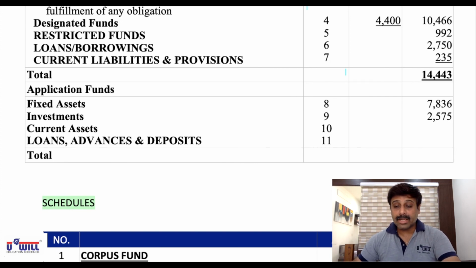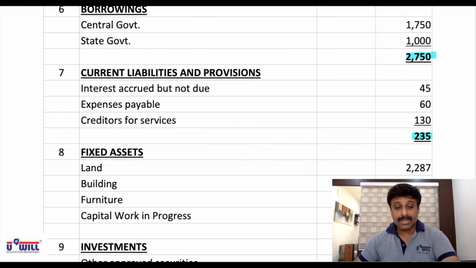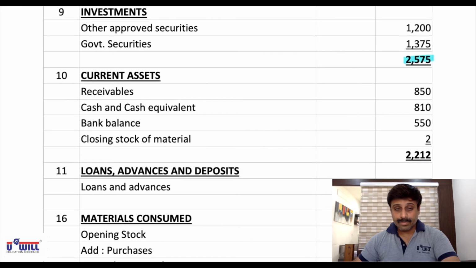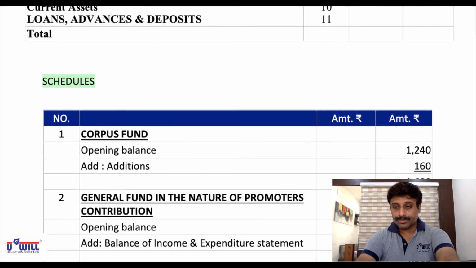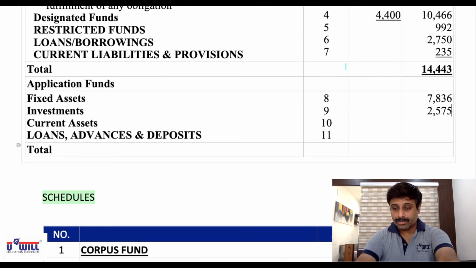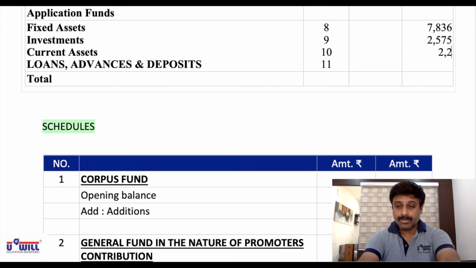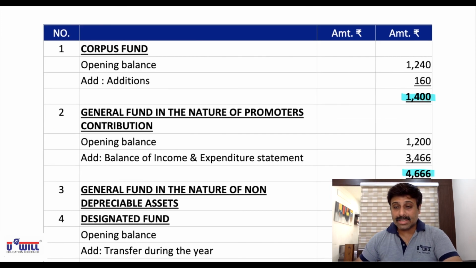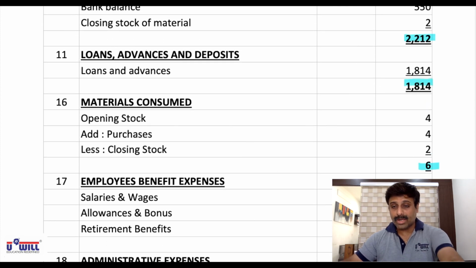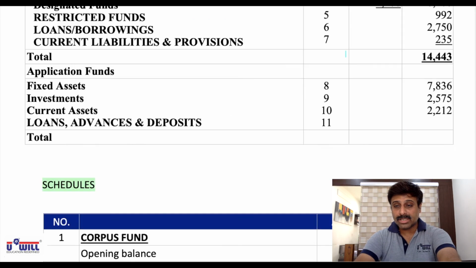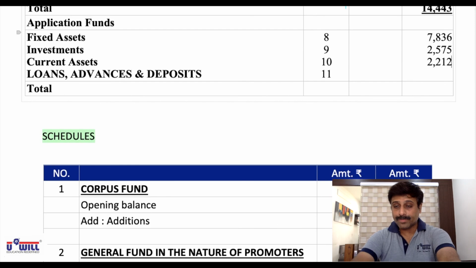Then current assets we have in schedule 10, that is 2212. And lastly, loans, advances and deposits, that is 1814.